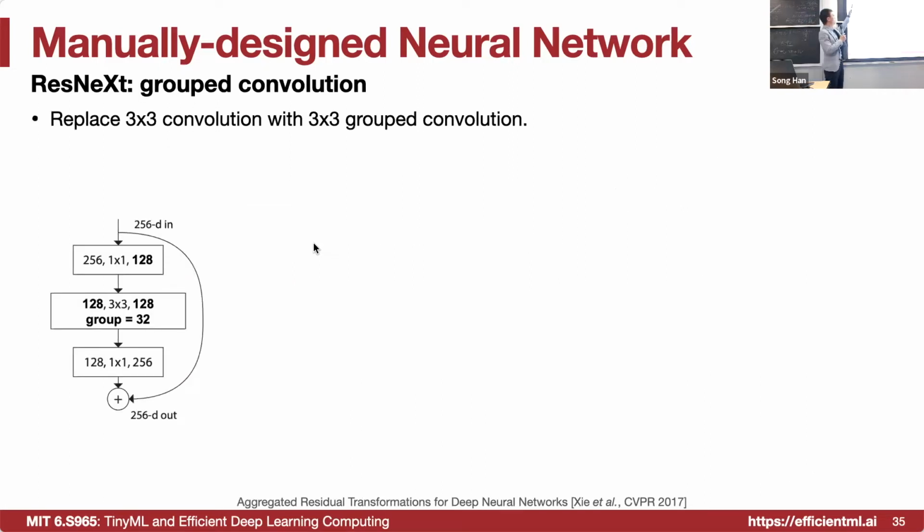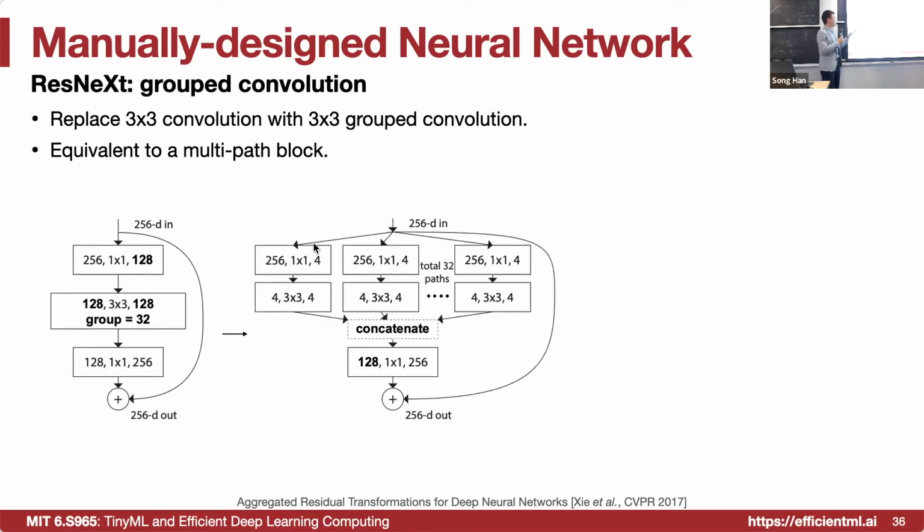And then people proposed ResNeXt, introducing group convolution. In the beginning of the lecture, we reviewed this group convolution, which basically has multiple convolutions. For example, in the first neural net, we cast 256 channels to 128, and then map from 128 to 128, and then lift the number of channels from 128 to 256.